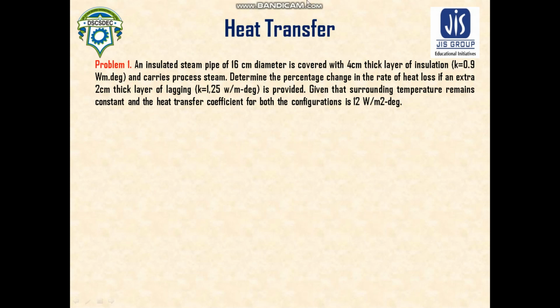Determine the percentage change in the rate of heat loss if an extra 2 centimeter thick layer of lagging whose thermal conductivity is 1.25 watt per meter degree is provided, given that surrounding temperature remains constant and the heat transfer coefficient for both the configurations is 12 watt per meter square degree.